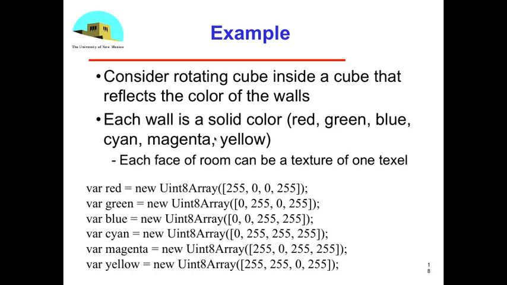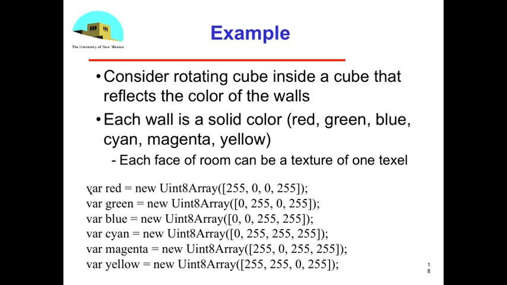It's formed of 6 mirrors, and I put it inside of another cube and those will form the walls of the room that it's inside of, and each of those are a solid color: red, green, blue, cyan, magenta, yellow. Well, if they're a solid color, then the texture map for each of those walls becomes just a single color. All I need is a single texel.